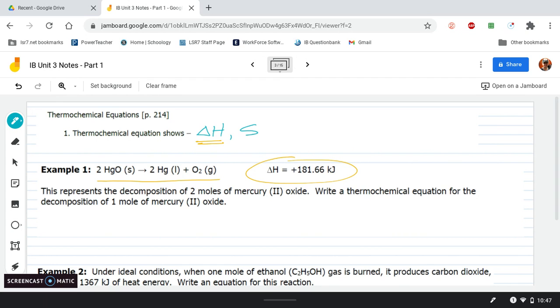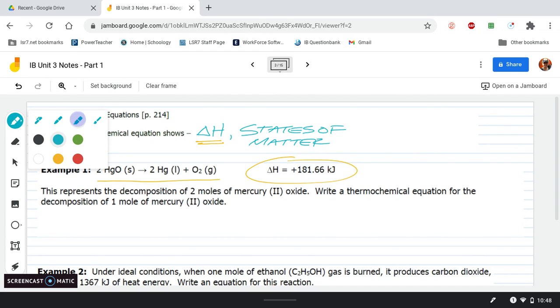Second thing you're going to look for, it might seem kind of odd, but states of matter. States of matter are shown in a lot of equations, but in these thermochemical equations, they're particularly important because if you have, for example, a solid here, and you change that to, let's say, a liquid, it would have different values.